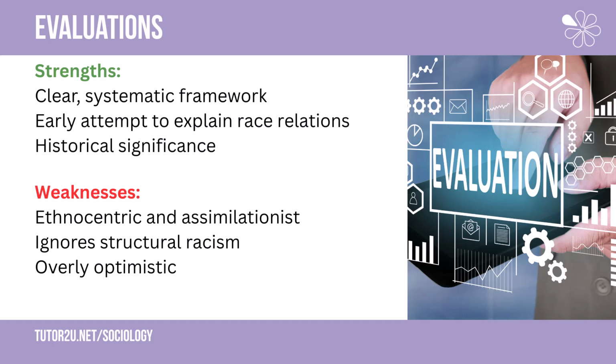Patterson's model also fails to acknowledge the persistence of racism and discrimination in British society, which continued long after the first generations of migrants arrived. Marxist and Weberian critics such as John Rex and Robert Miles have argued that her theory wrongly blames immigrants for tensions, rather than recognising the role of systemic inequality, racism, and class-based exclusion.